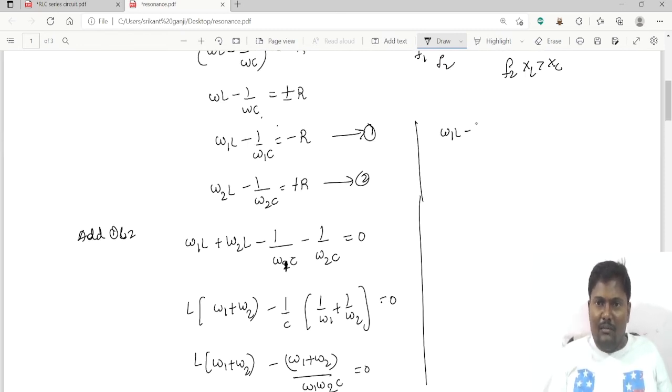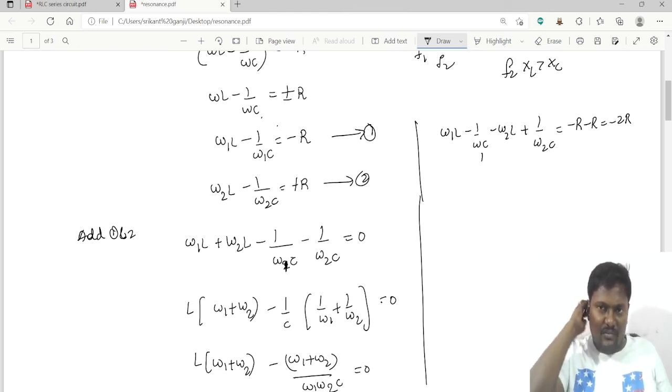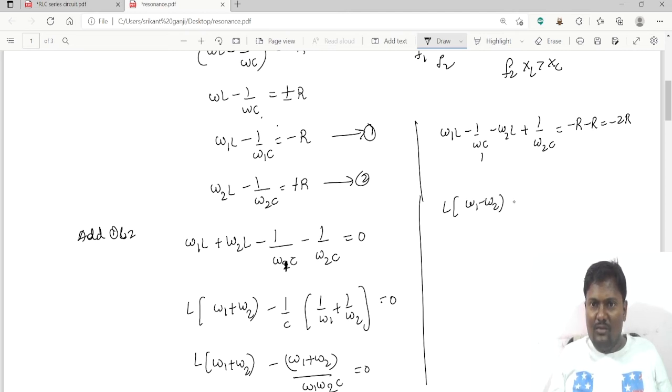Omega 1 L minus 1 by omega 1 C minus omega 2 L plus 1 by omega 2 C is equal to minus R minus R, it should be equal to minus 2R. And here L is taken as common, omega 1 minus omega 2 plus 1 by C, 1 by omega 2 minus 1 by omega 1 is equal to minus 2R.